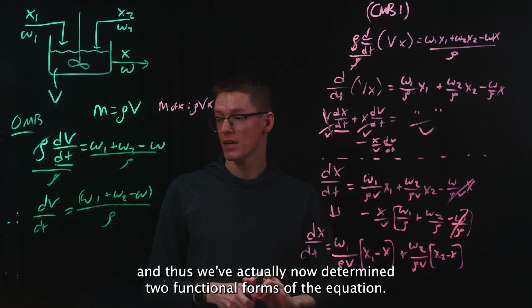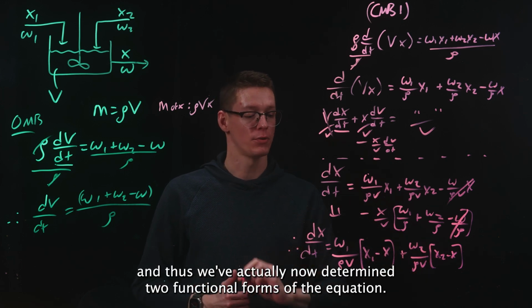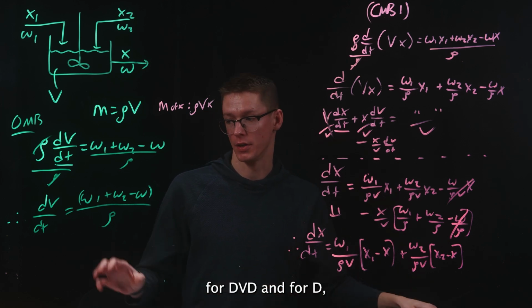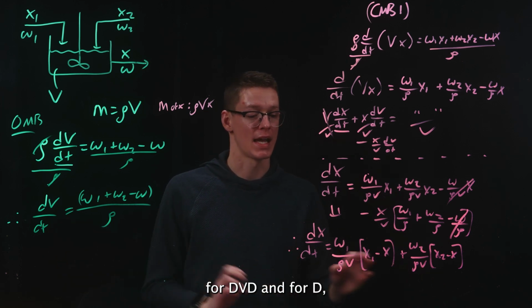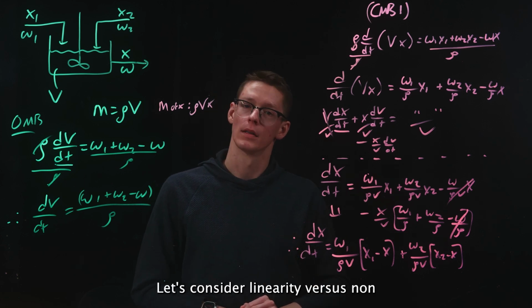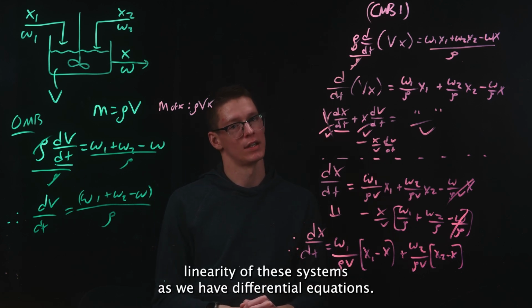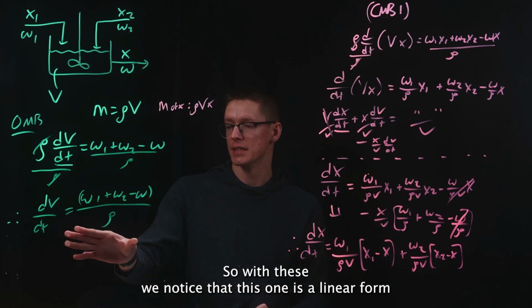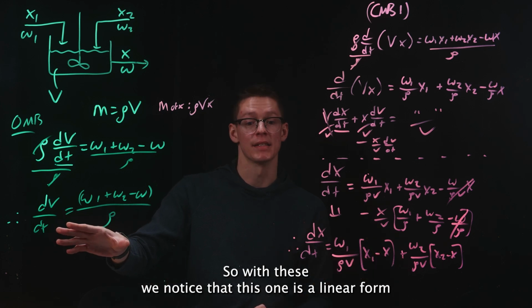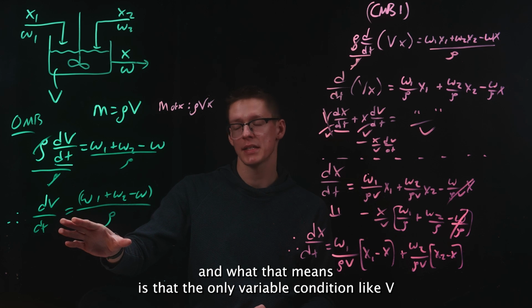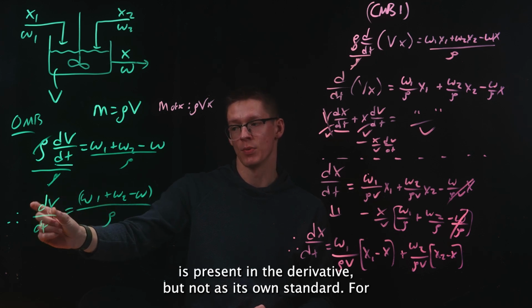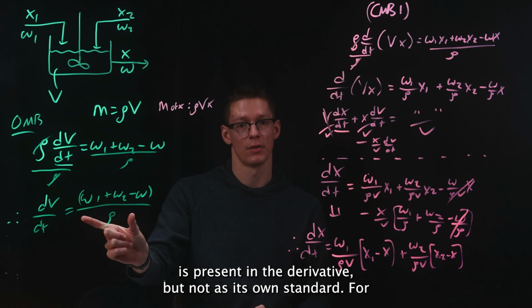And thus, we've now determined two functional forms of the equation: a differential equation for dV/dt and for dx/dt. Let's consider linearity versus nonlinearity of these systems. With these, we notice that this one is a linear form, which means that the only variable, like V, is present in the derivative, but not in its own standard form.